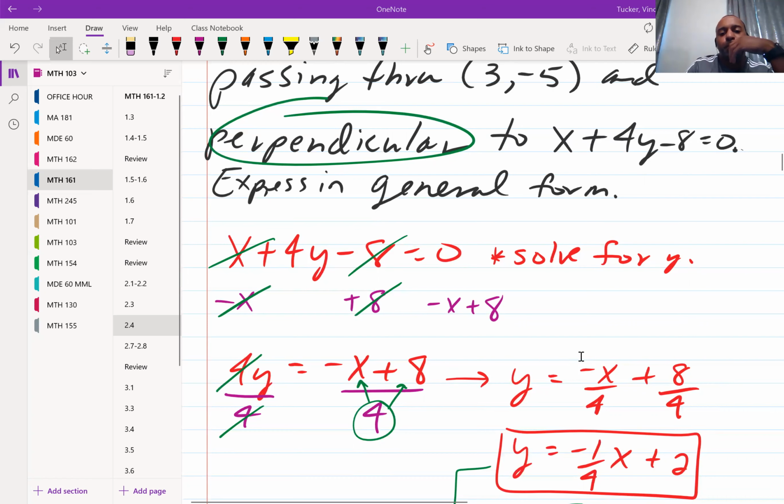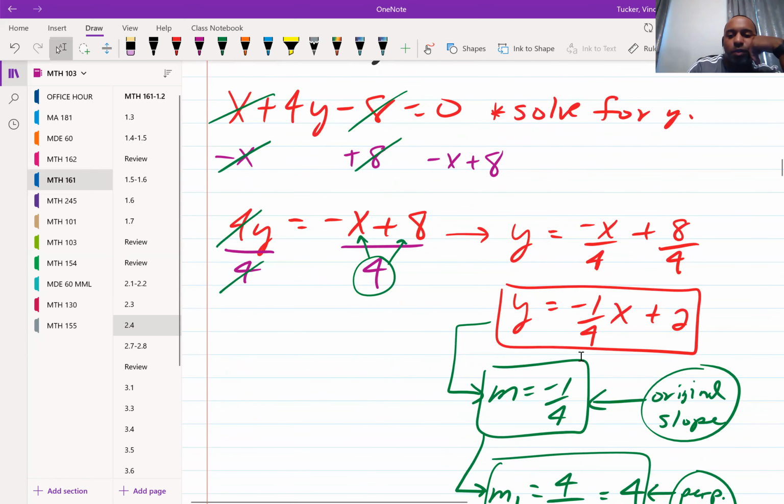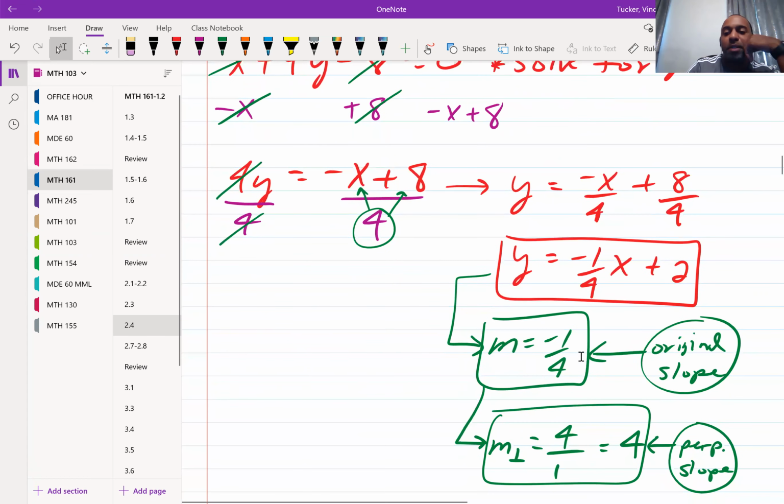All right, so now our slope of this equation is -1/4. But remember, we're going to need a slope that's perpendicular to it. So that means we need to flip it and use the opposite sign. So our new slope is going to be 4.